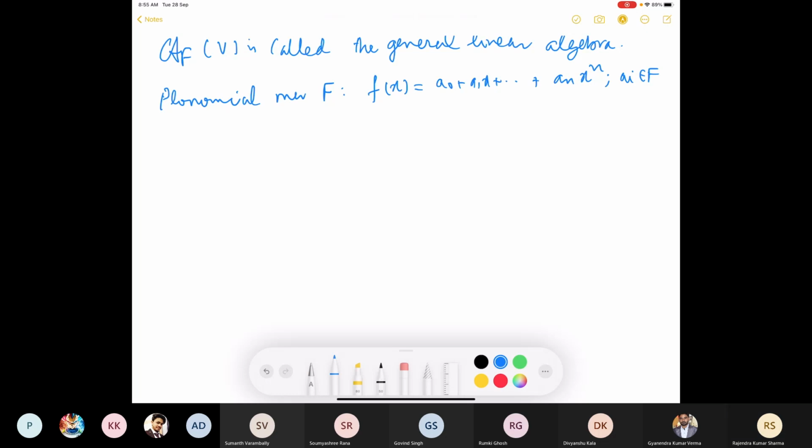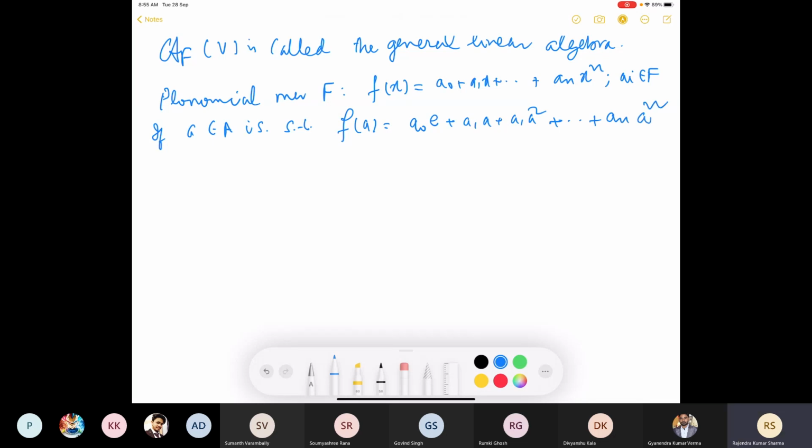Correspondingly, if you have an element, say a, in A such that f(a) means here a naught e, a1 a, a2 a square, up to an a power n.